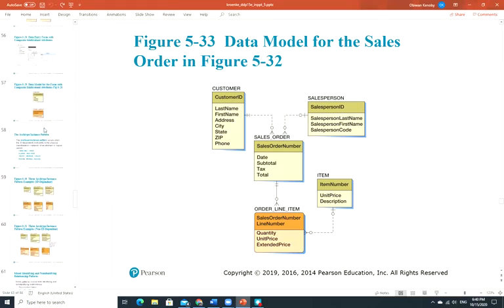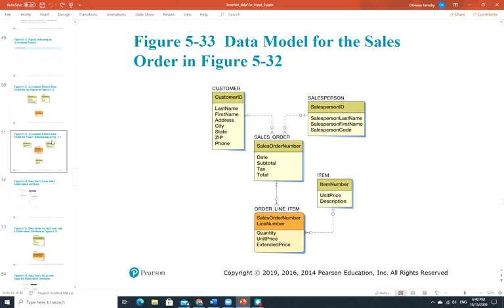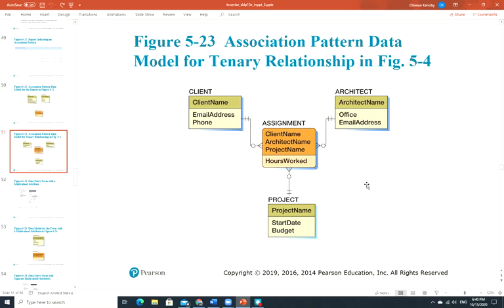The second one that you have to use in this particular problem domain is this one. And this is a typical association pattern, or so-called project assignment pattern. So the project assignment pattern is a ternary relationship.